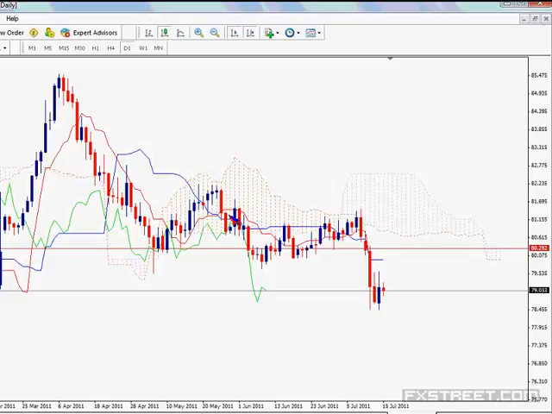So you can determine whether the signal is strong not only from where the price is regarding the cloud, but also from where the cut occurs: on the opposite side, in the middle of the cloud, or on the right side of the chart.